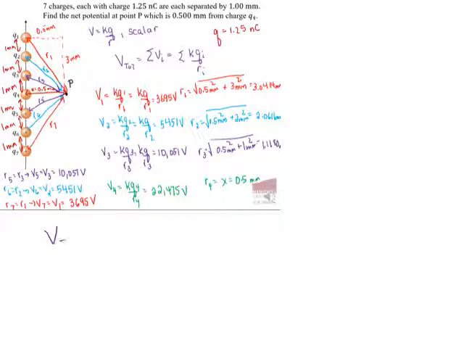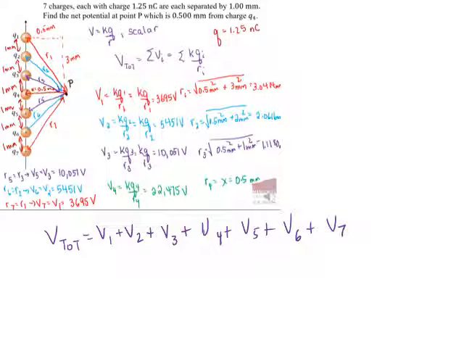To get my total potential now, I'm just going to add up all 7 of them. So my net potential V total is V1 plus V2 plus V3 plus V4 plus V5 plus V6 plus V7.